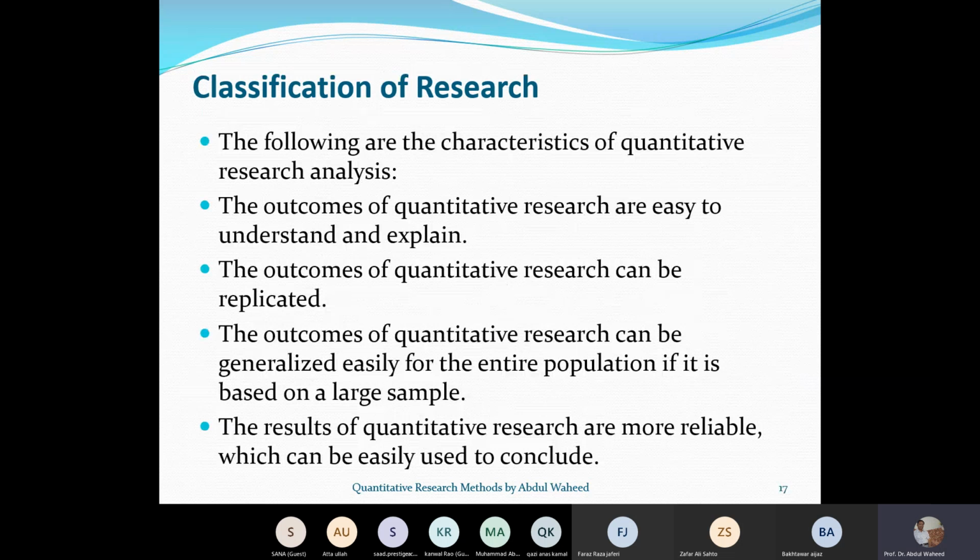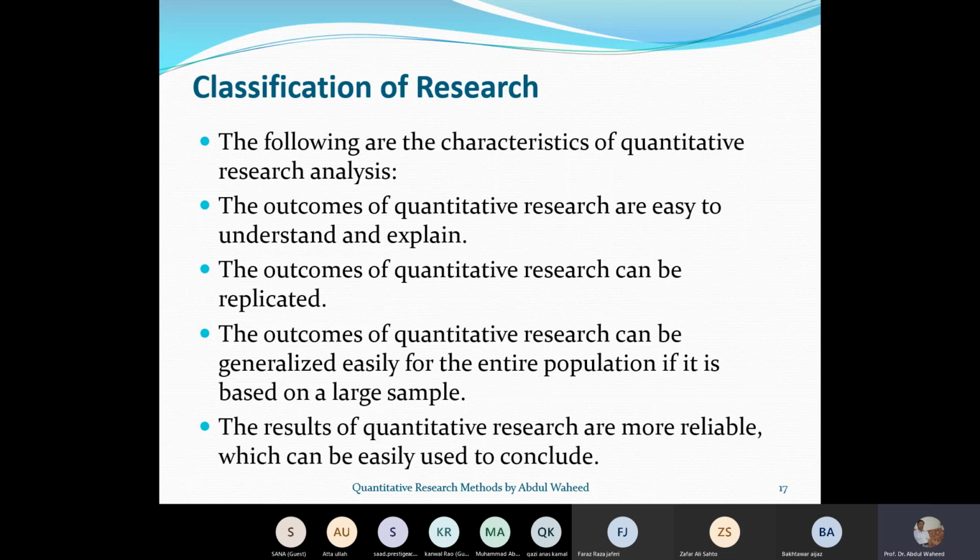And following are the characteristics of quantitative research. The outcomes of research are easy to understand and explain. When we see the results of quantitative research, it is easy to understand. Also, it is easy to explain, and the outcomes of research can easily be replicated.